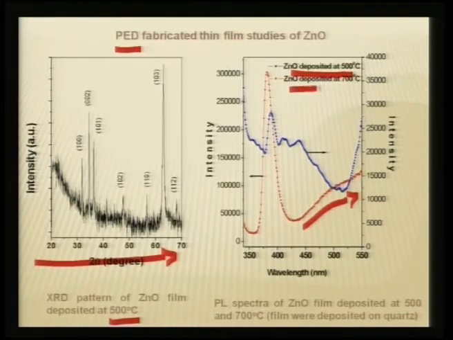If you go to the 700 degrees C deposited one, you can clearly see that this emission peak is totally killed. Therefore, the physical vapor deposition technique also has a controlling feature. It does not only promote the band to band edge emission, but there is a destroying feature as well.